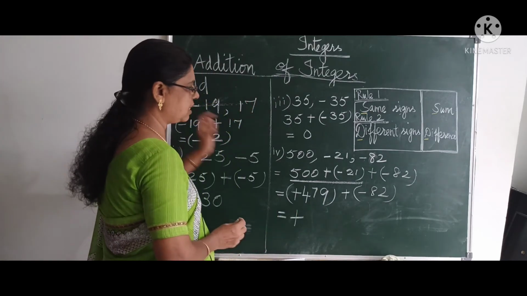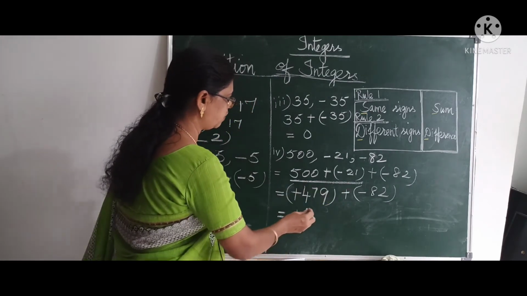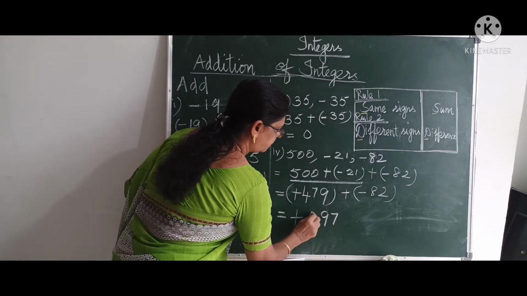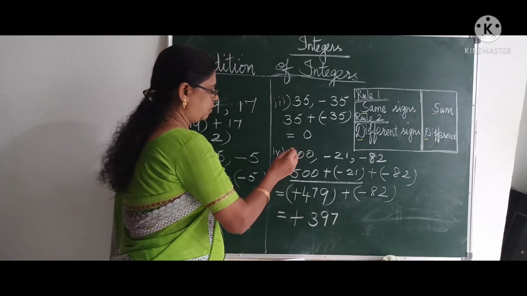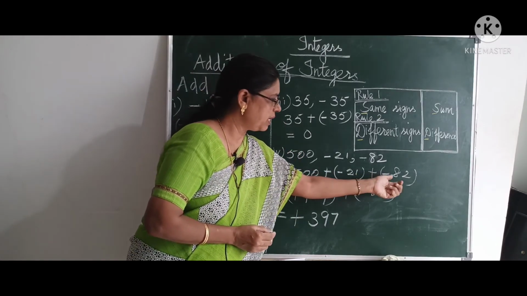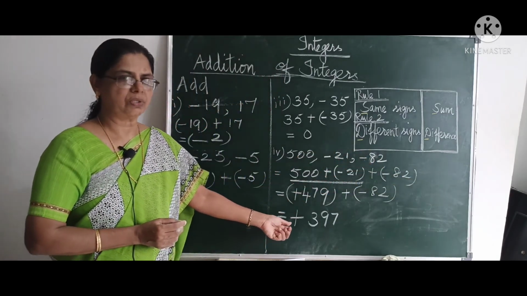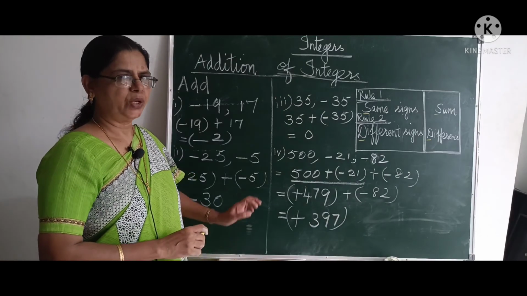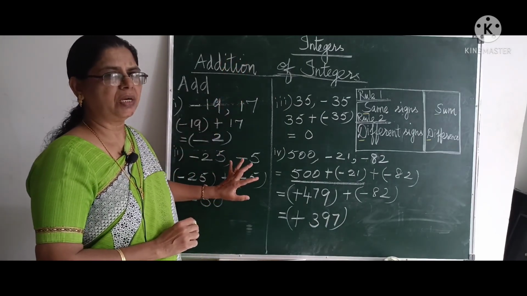So, put plus and then find out the difference between these two numbers. So, 500 plus minus 21 plus minus 82 is equal to plus 397.